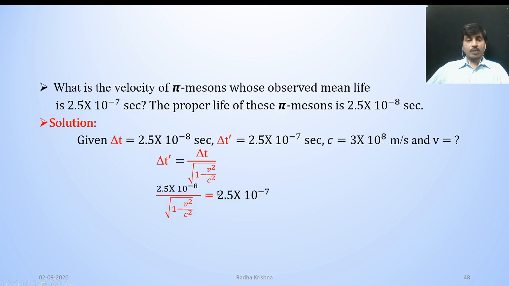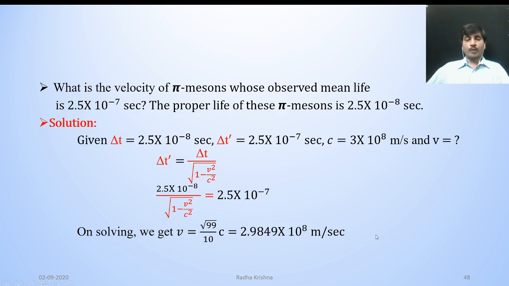On substituting the values, we get 2.5 into 10 to the power minus 8 by square root of 1 minus v squared by c squared is equal to 2.5 into 10 to the power minus 7. On solving, we get v is equal to square root of 10 by 10 into c, that is equal to 2.9849 into 10 to the power 8 meters per second.